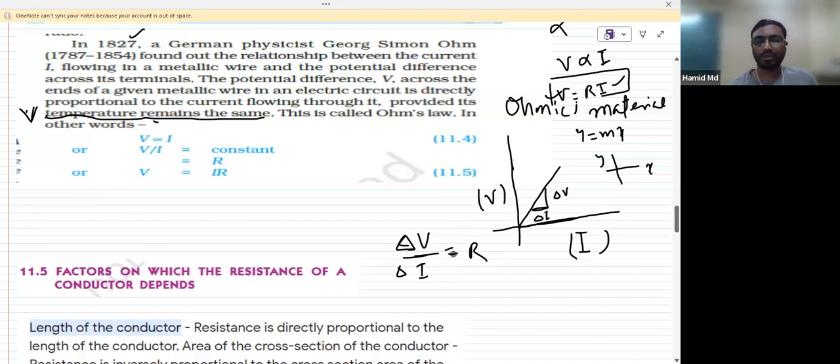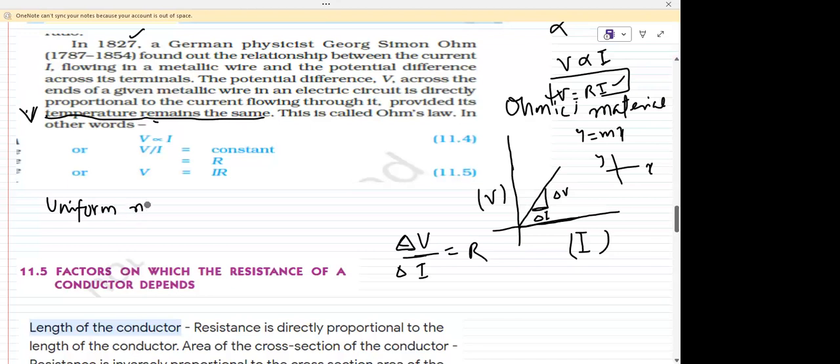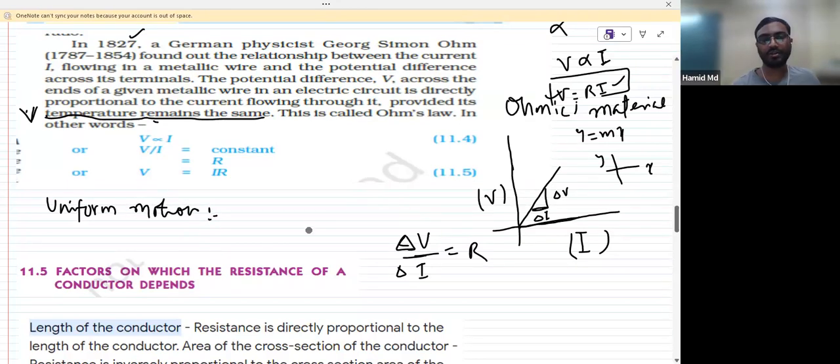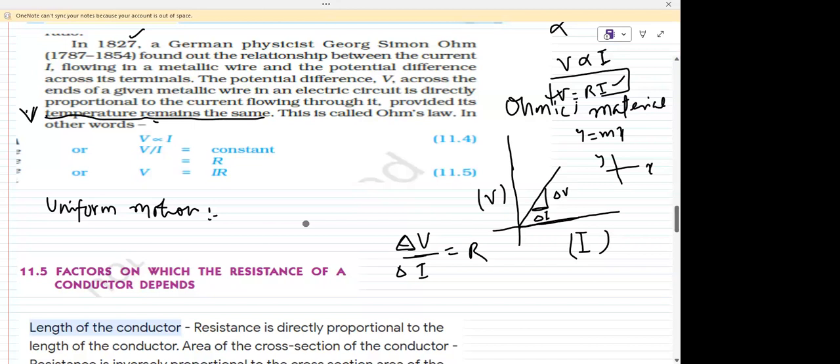Do you know uniform motion? What is uniform motion? Can you give the definition? Equal displacement in equal time intervals, right? Yes.